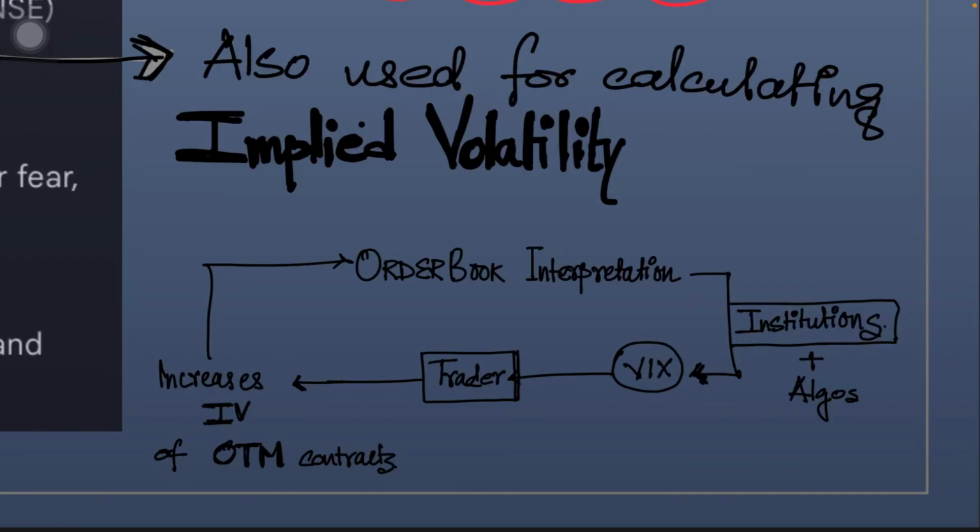The order book is interpreted by the institutions and algos to trigger certain limit orders, which then increases the VIX, that is further interpreted by traders to act upon and increase the IV of OTM contracts by purchasing them to mitigate their risk. Because the uncertainty increased and the traders acted upon the OTM contracts, this further gets reflected into the order books, and that is how the cycle goes on.